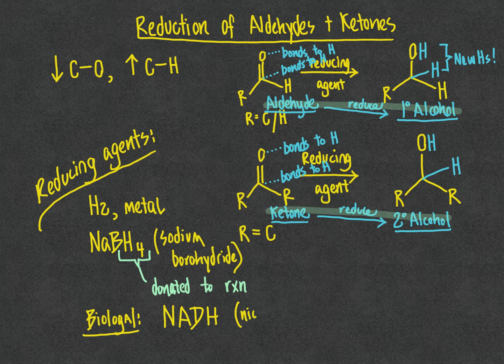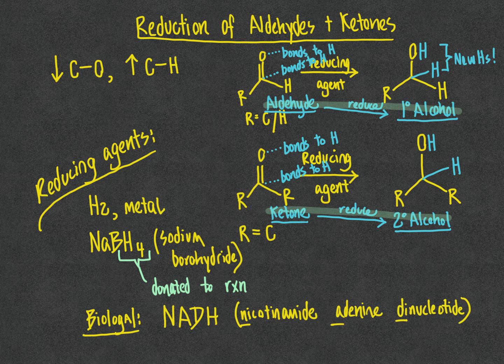And I will write that out since that is a bit of a word jumble there. Nicotinamide with the N and NADH, adenine for the A, dinucleotide with the D. Where does the H come from?